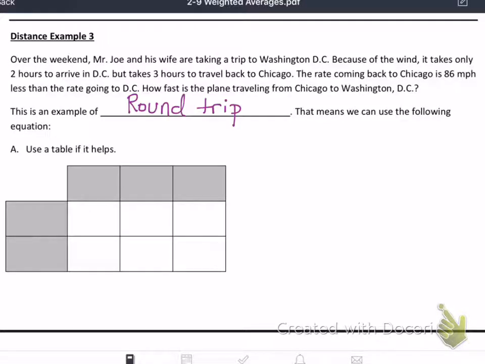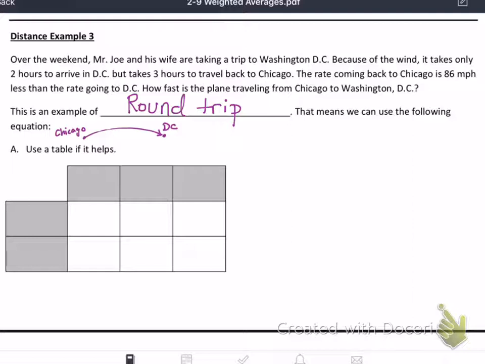So what that means is the distance from Chicago to Washington, D.C. is the same as the distance that's coming back, right? If I were to draw this drawing, okay, the distance from Chicago to Washington, D.C. is X amount of miles, right?